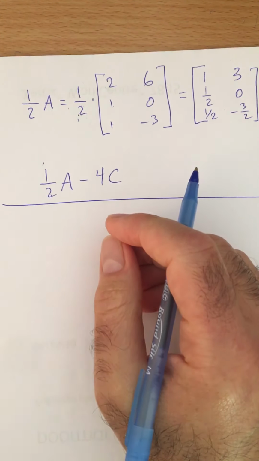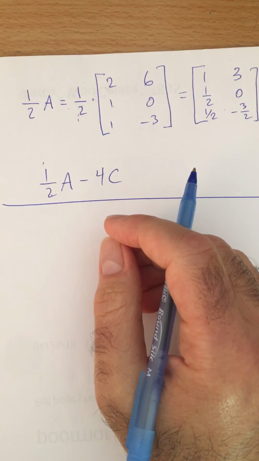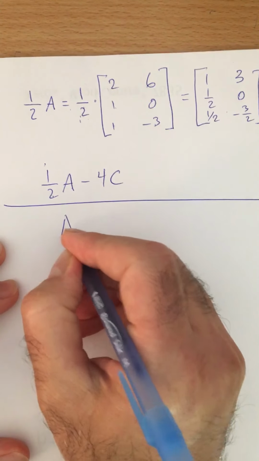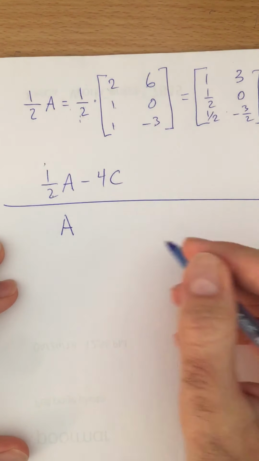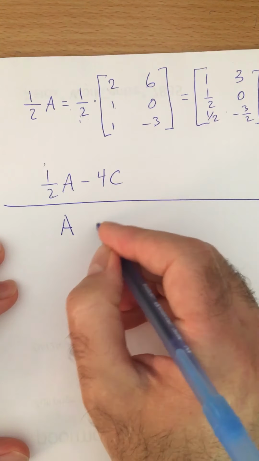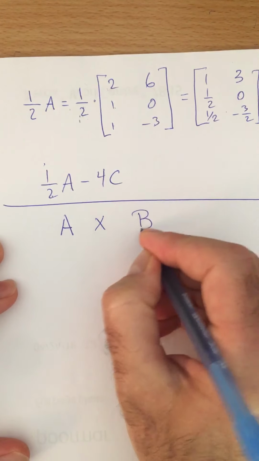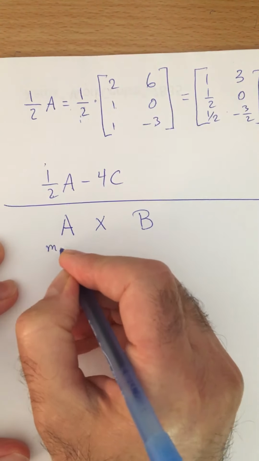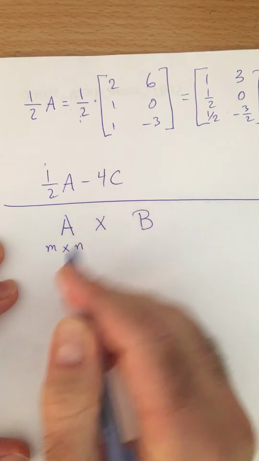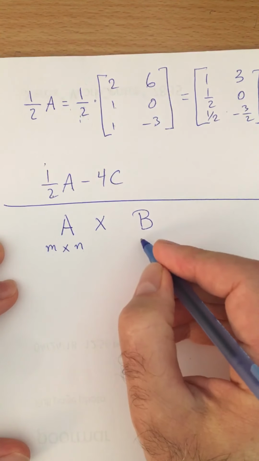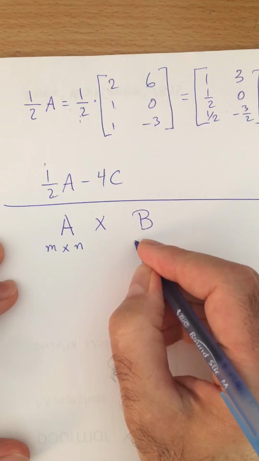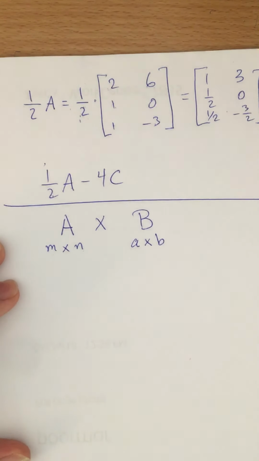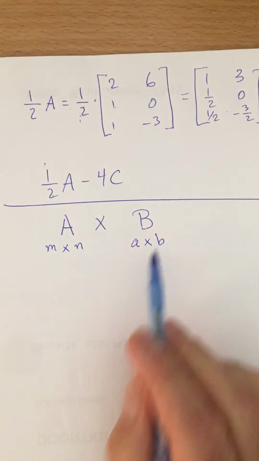And multiplication of matrices has a rule. If I multiply a matrix, let's call it A, by matrix B, and let's say that the dimension of matrix A is m by n, that is m rows, n columns, and this one is B, let's say, with its own rows and columns.